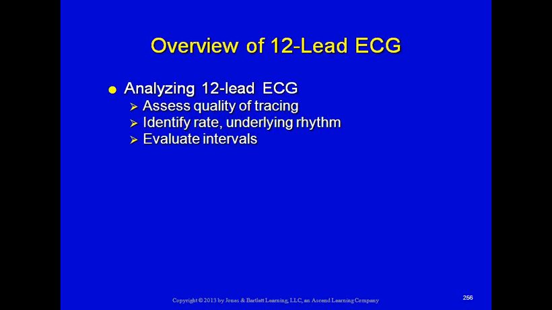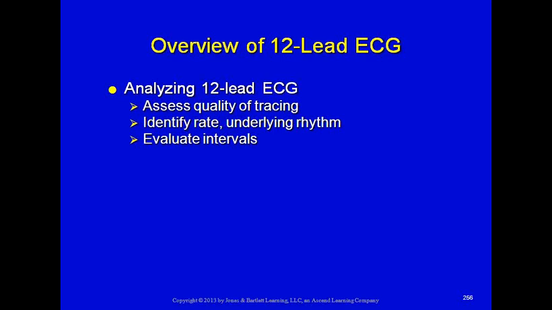If they've got really wide QRSs, we really can't interpret the ST changes, because really wide QRSs tell me that depolarization through the ventricles wasn't normal. So repolarization, represented by the T wave, isn't going to be normal either. So any ST segment elevation or depression that we see with really wide QRSs isn't reliable.